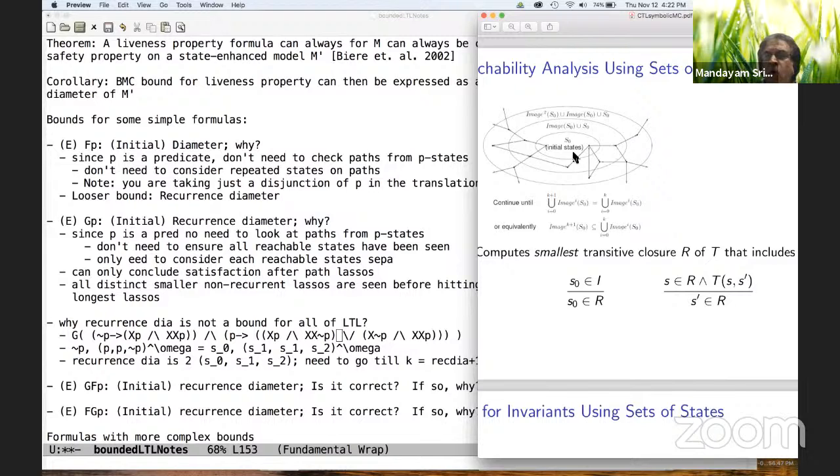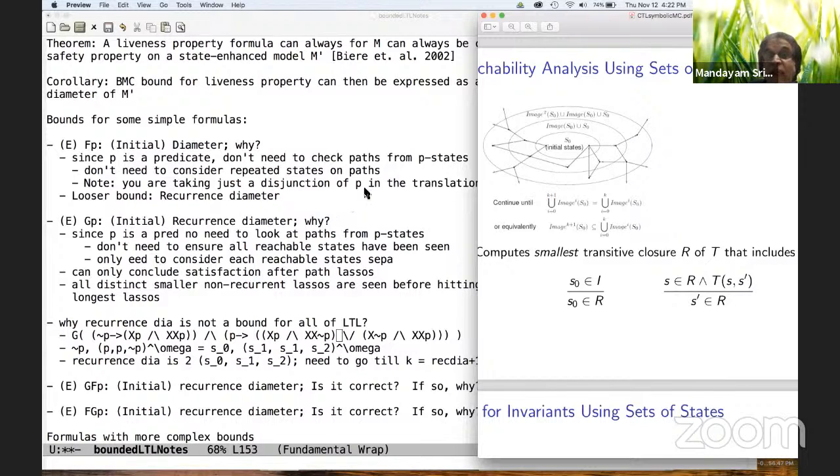And since you would have checked the predicate P for all those states, once you reach that, it will lasso back, and all the lassos would have lassoed by that time anyway.